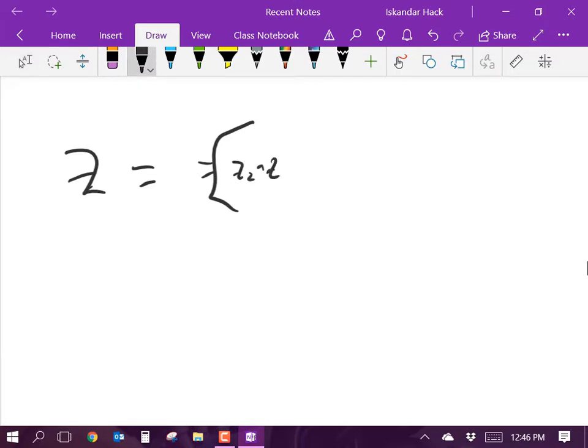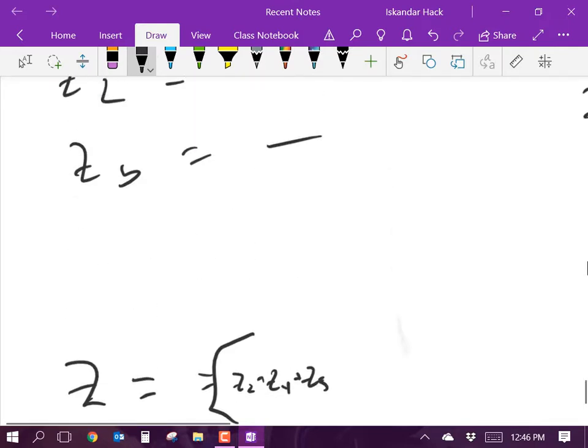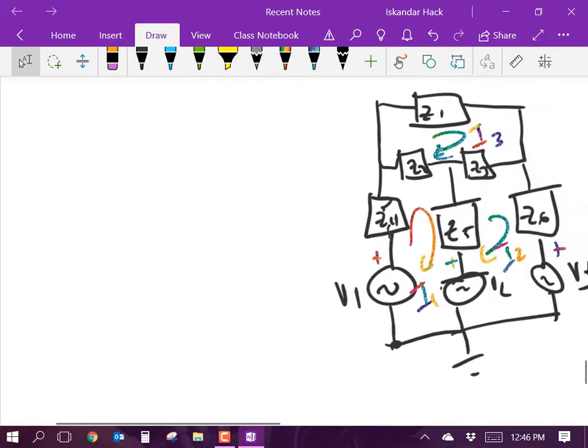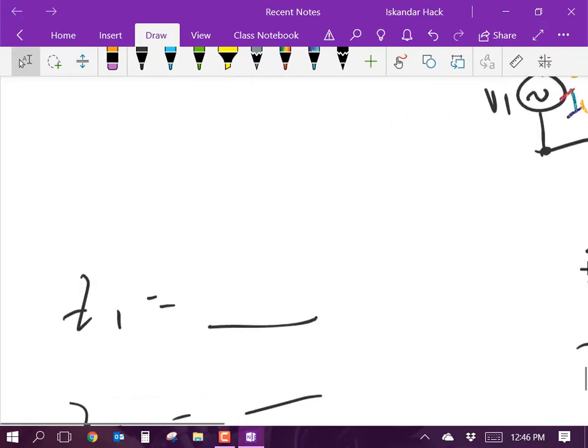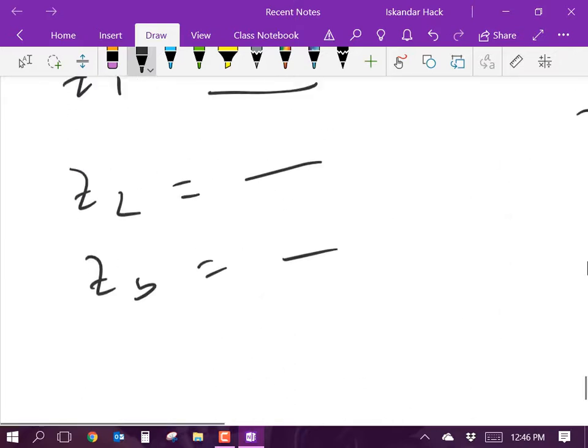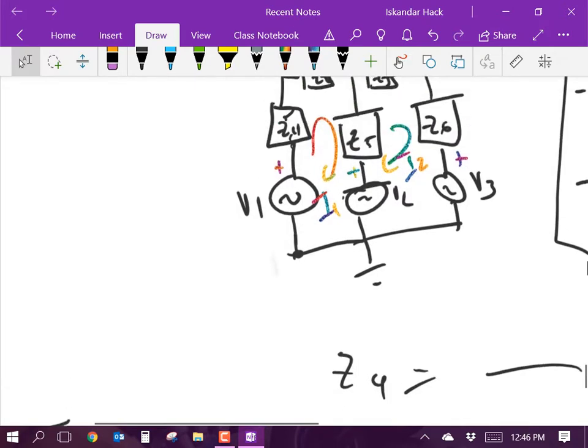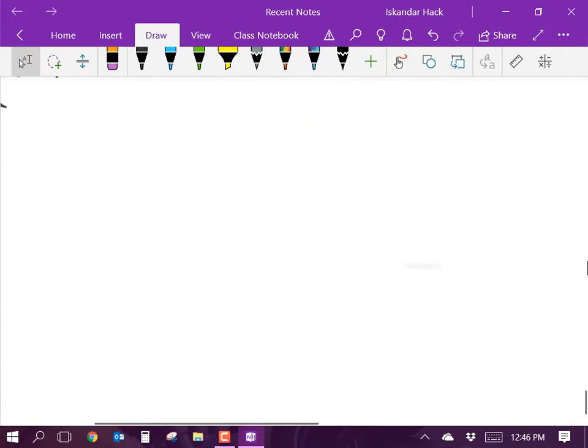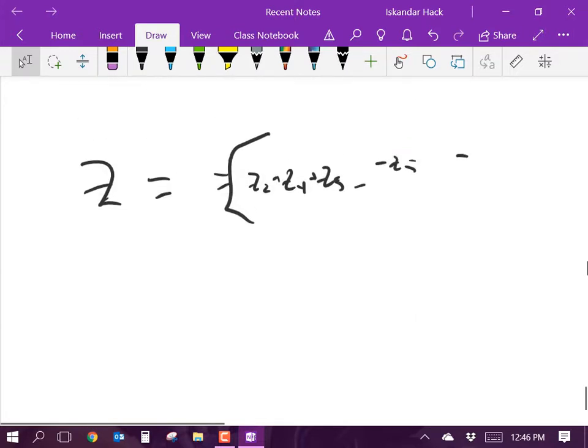Z2 plus Z4 plus Z5, space, going back to my matrix right there, minus Z5, space, and then this was minus Z2, semicolon, and I'm just going to show it on the other line, minus Z5 right there.